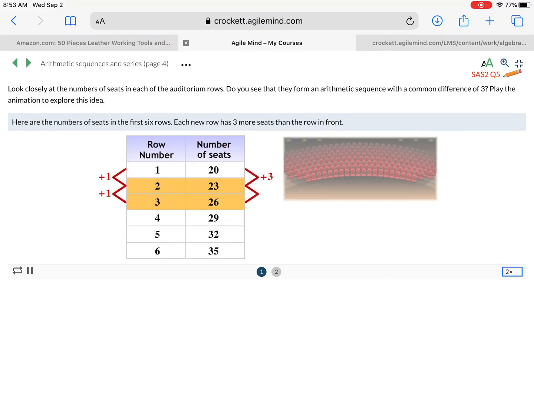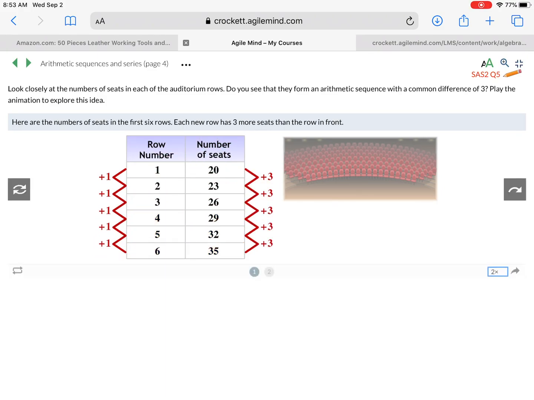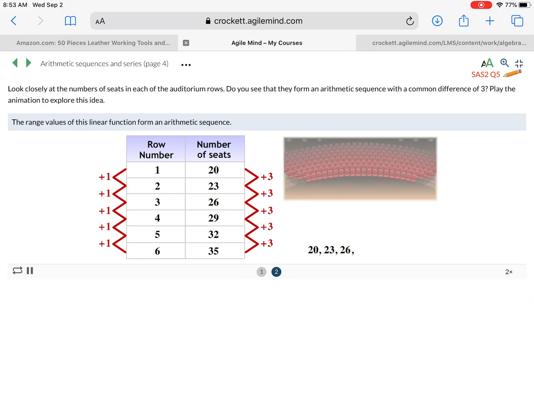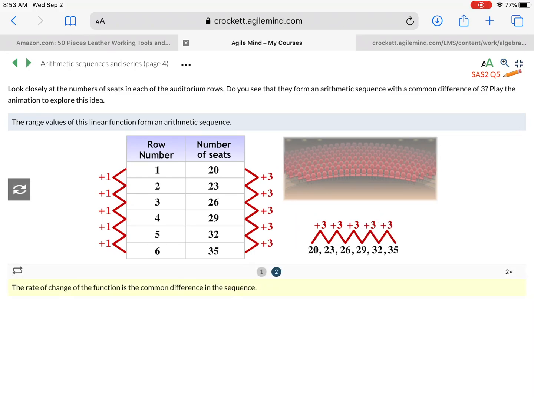It's just showing what I showed you. +1 on the left-hand side, +3 on the right-hand side, okay? Just showing you again the sequence and what it's doing. The rate of change of the function is the common difference of the sequence. Okay?